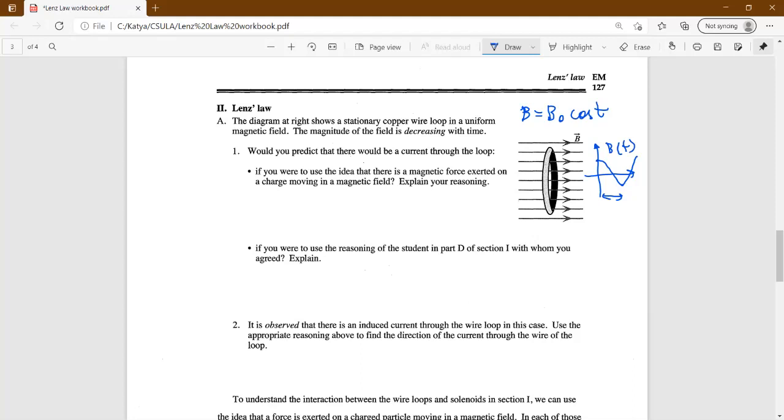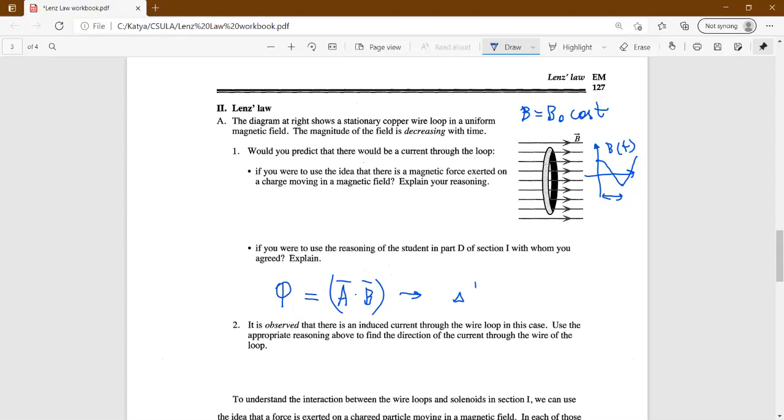But actually, the law is going to stay, because when you change the field over here, what is going to happen to the flux? Flux is area multiplied by magnetic field. When you decrease B over here, it's going to decrease flux.